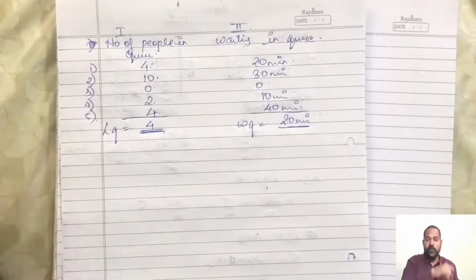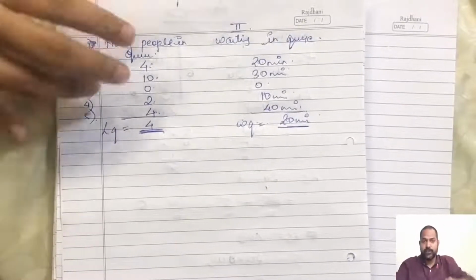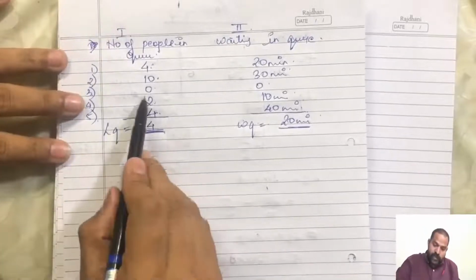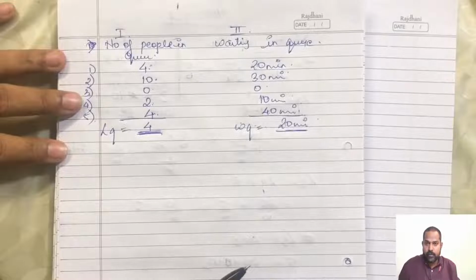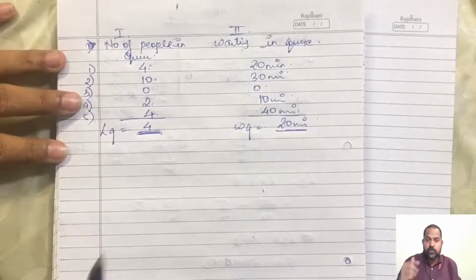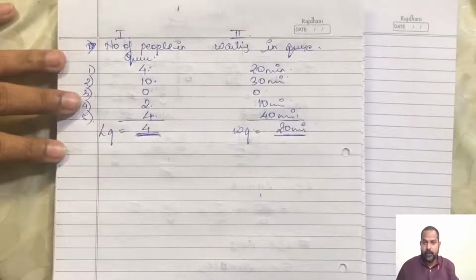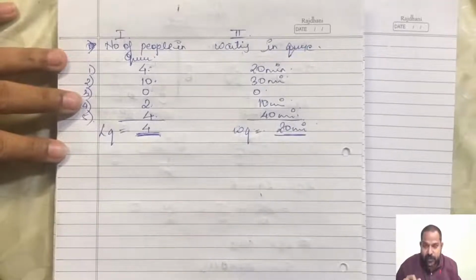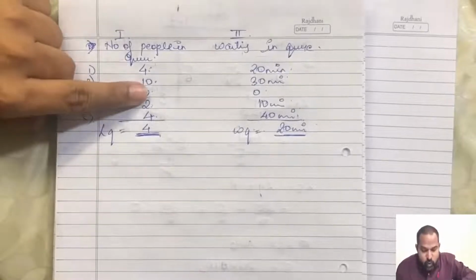Now one student will come up and say, sir, this is wrong. Why is this wrong? Arey sir, there was nobody in the queue when I went. So how are you considering this 0 as an entry? When you take an average, you are considering how many people in the queue. No, here there was nobody in the queue.